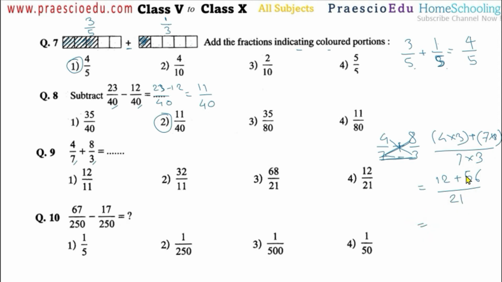So 12 plus 56 is 68, divided by 21, so 68 by 21 is given in option number 3.